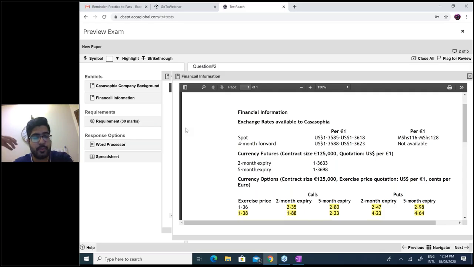You are given call options, put options, 2 exercise prices, 2-month expiry options and 5-month expiry options. The figures down are the premiums. Okay, I want you to pay attention to this contract size.